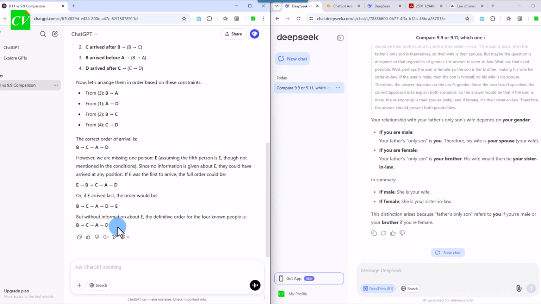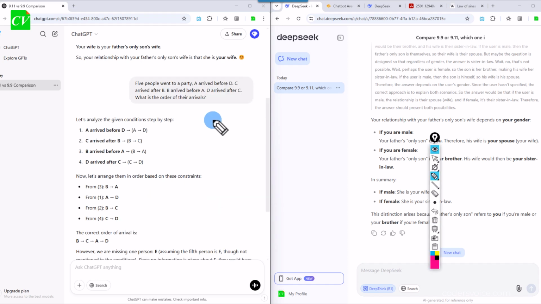Actually, this one has 2 answers, so we can figure this out manually. A arrives before D, and C arrives after B. So B arrives before C, and D arrives after C. So B, C, A, D, this order is correct.